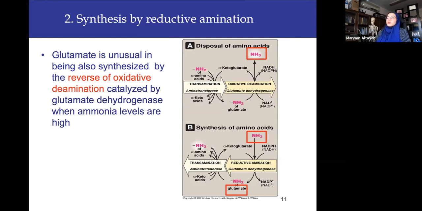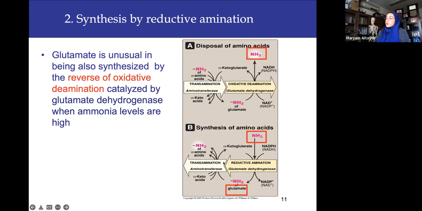And what's the difference between one and the other? Reductive amination is the reverse of oxidative deamination. So this is transamination, right? You're going to switch the NH groups by aminotransferase enzymes. Oxidative deamination is going to lead to disposal of your NH3. That's in disposal.